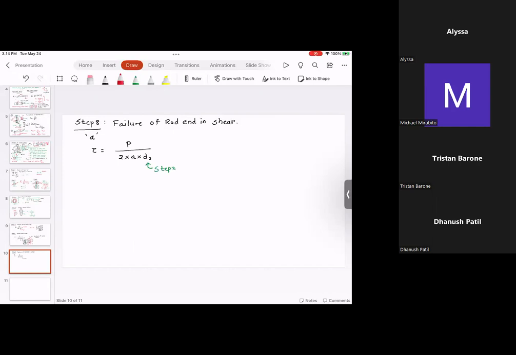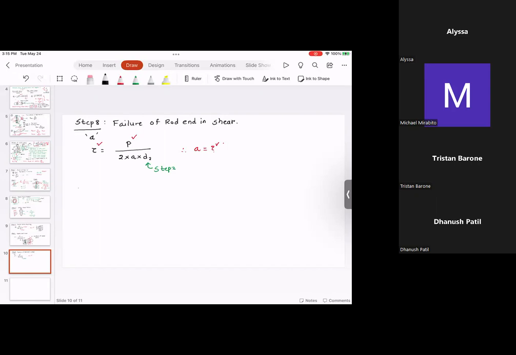Value of P is given to us. Value of tau is known. So value of A can be found out.